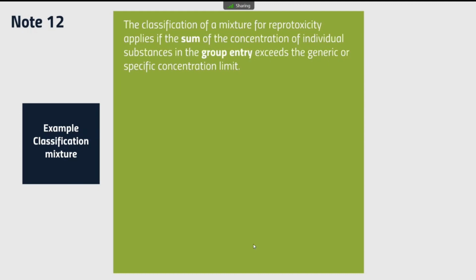For all substances within this group entry, we have to look at the sum of the concentrations and see if it exceeds the generic or the specific concentration limit. For reproductive toxicity category 1, it's 0.3%.